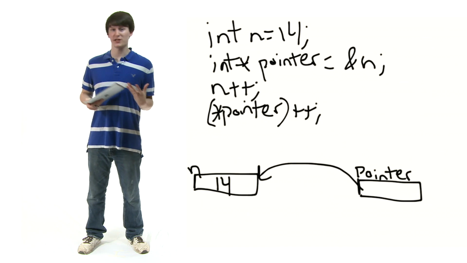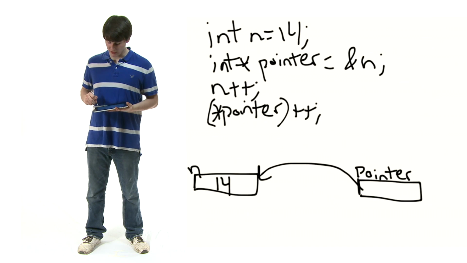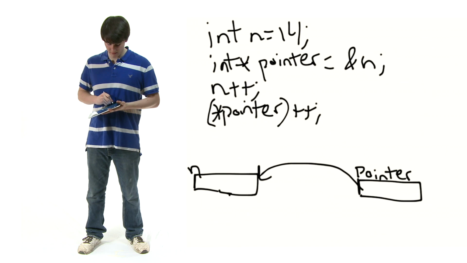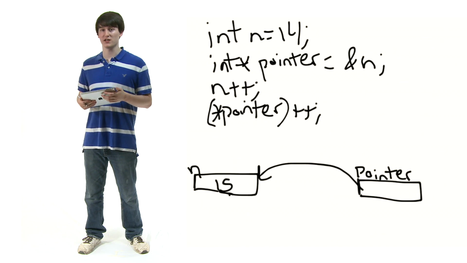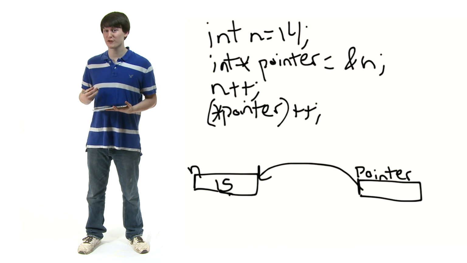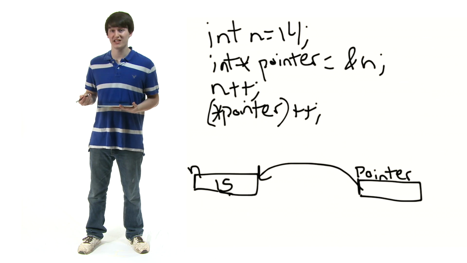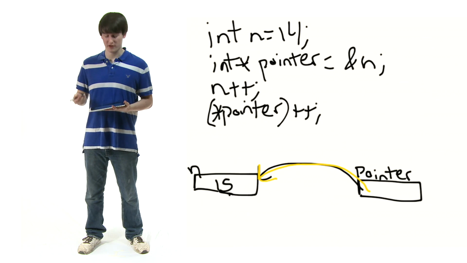Now, n plus plus increments the value in the box labeled n. So we go from 14 to 15. Finally, star pointer plus plus goes to the box labeled pointer, dereferences the value in the box, which means follow the arrow to where it points, and increments the value stored there.